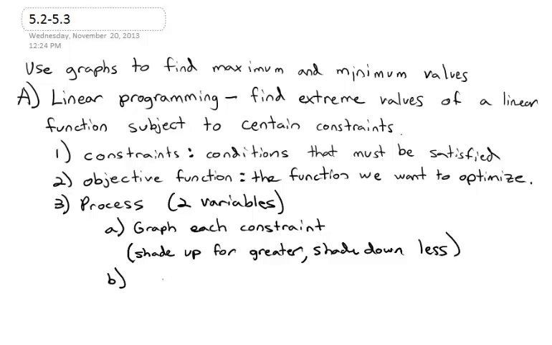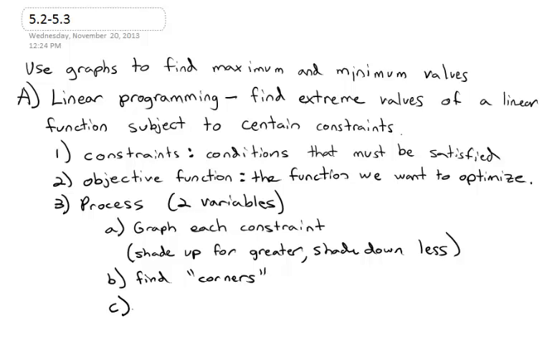Once all the constraints are graphed, we're going to end up with this region that's kind of like some type of polygon. What we're really interested in is to find the corners of the graph, because one of those corners is going to be the maximum, and one of those corners is going to be the minimum.